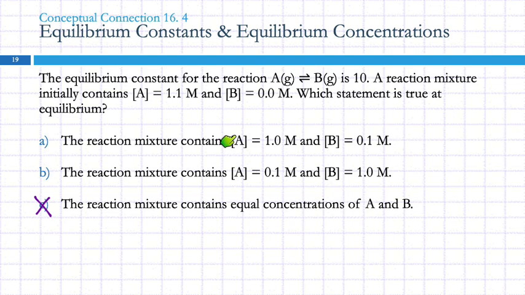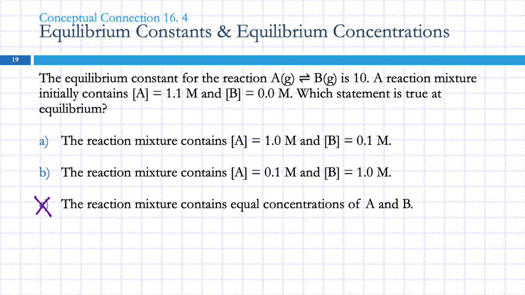Here we have, in the reaction mixture at equilibrium, more reactants than products. And here we have more products than reactants. So which of those combinations could give us K equals 10?